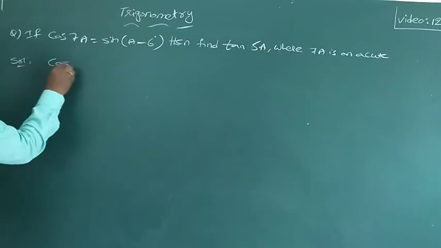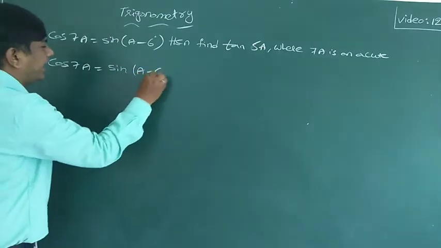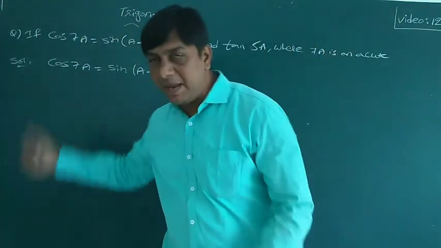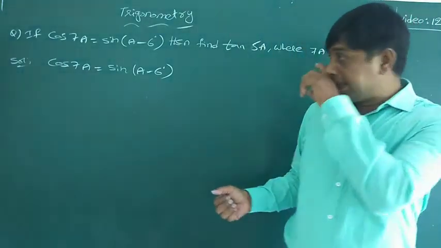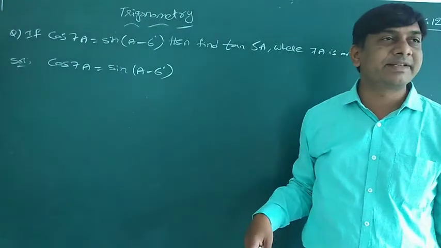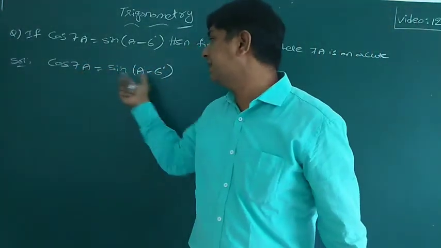See here, cos 7A is equal to sin of (A minus 6 degrees). Here binomial, here monomial, 7A is. And here cos, here sin. But between them equal to is there. Means I have to subtract from 90 the given value. Either this or this.